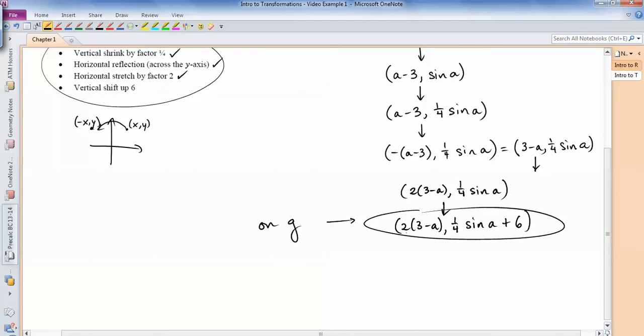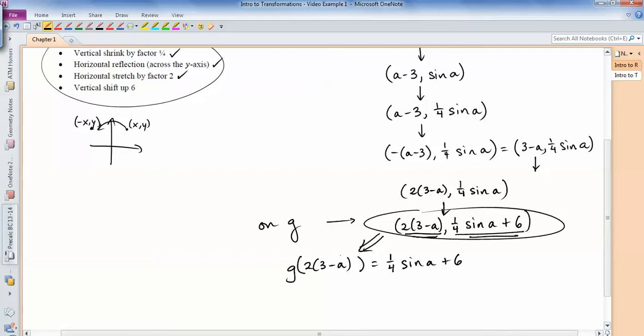So that means that if I plug this in for x, I should get that for y, which is another way of saying the same exact thing: g of x, and my x is this, gives me my y value, and my y value is 1/4 sine a plus 6.